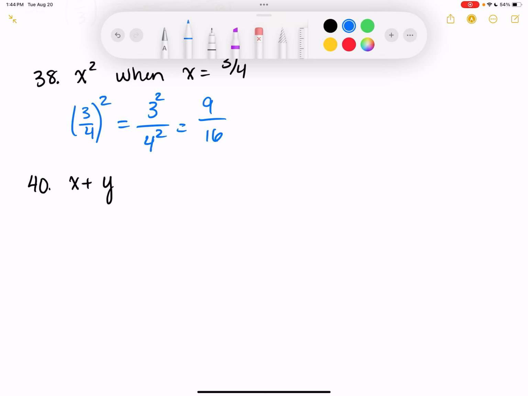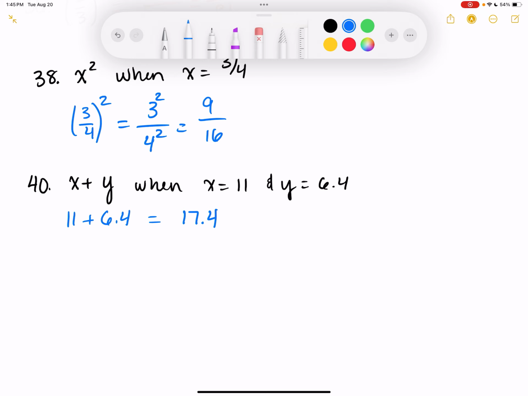All right, x plus y when x is equal to 11 and y is equal to 6.4. So now this time they're giving us two variables that we have to plug in, but it works the same way. So 11 plus 6.4 would be 17.4.